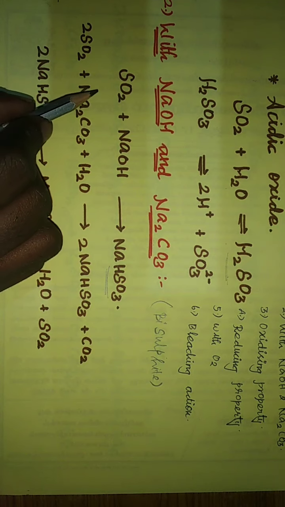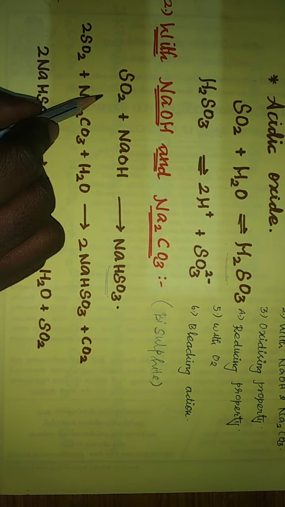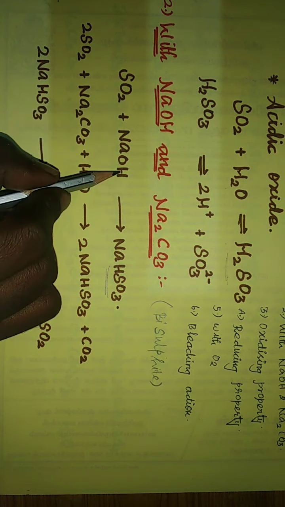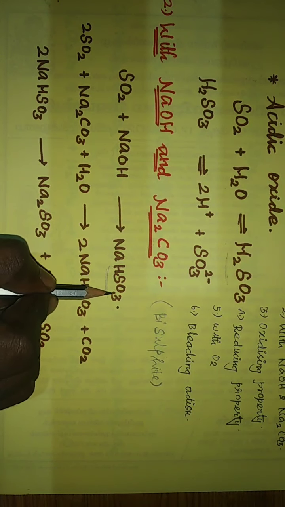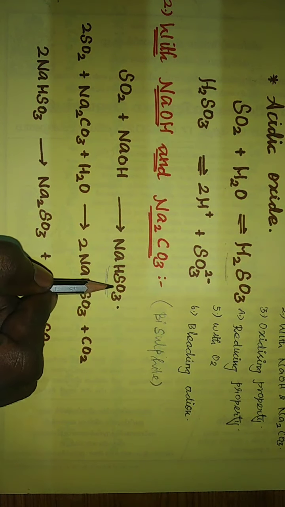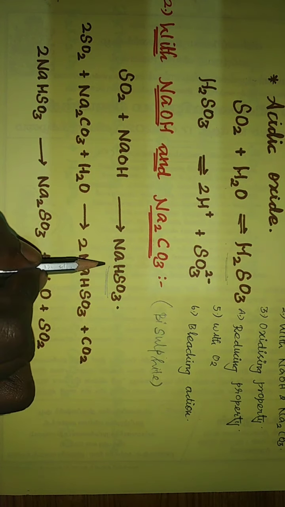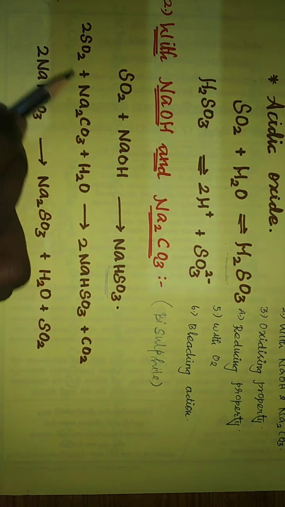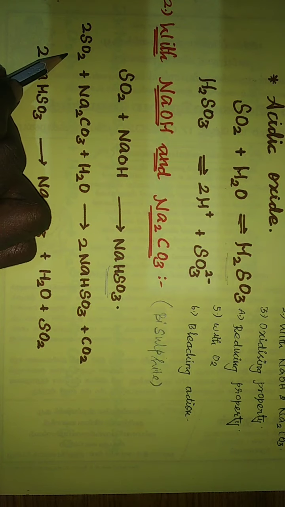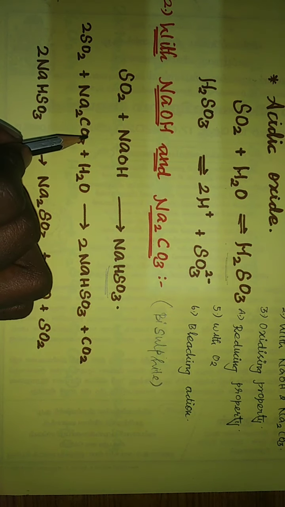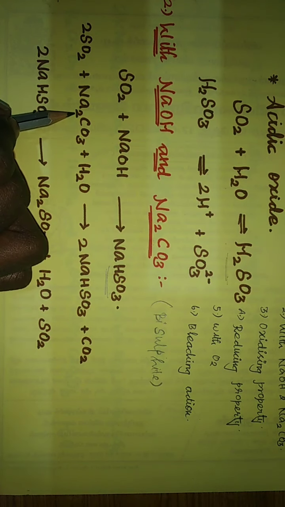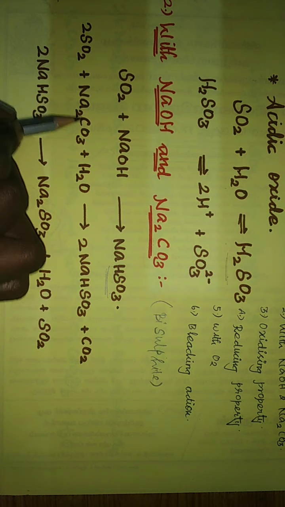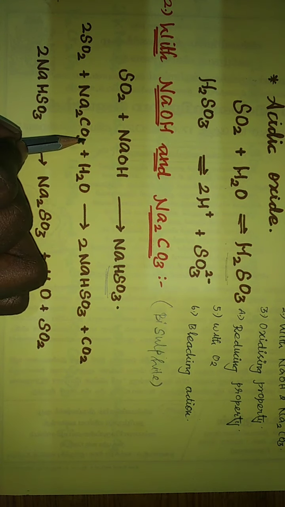Let us see the reactions. The first reaction is sulfur dioxide, SO2, reacting with sodium hydroxide, forming sodium bisulfite. The formula for sodium bisulfite is NaHSO3. The second is the reaction of sulfur dioxide with sodium carbonate, Na2CO3.